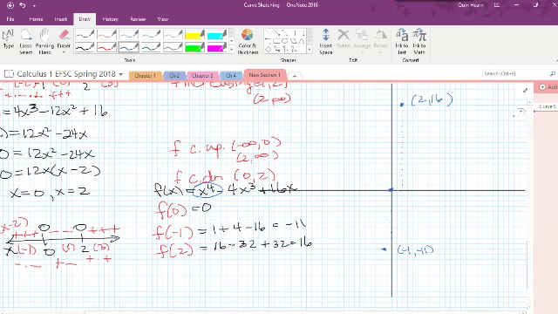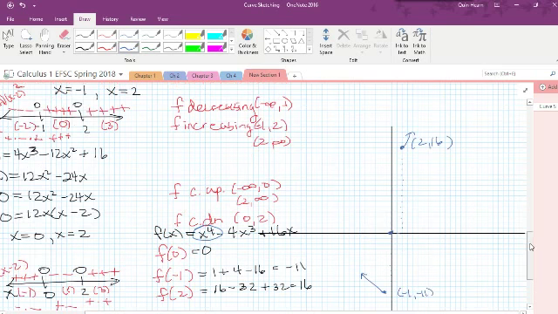So what we expect to see is that it would be going up here and up here. Now, is that consistent with what we found when we analyzed the first derivative? We said it was decreasing to -1, so yeah, that would be consistent. And it's increasing after 2, so yeah, that would be consistent.